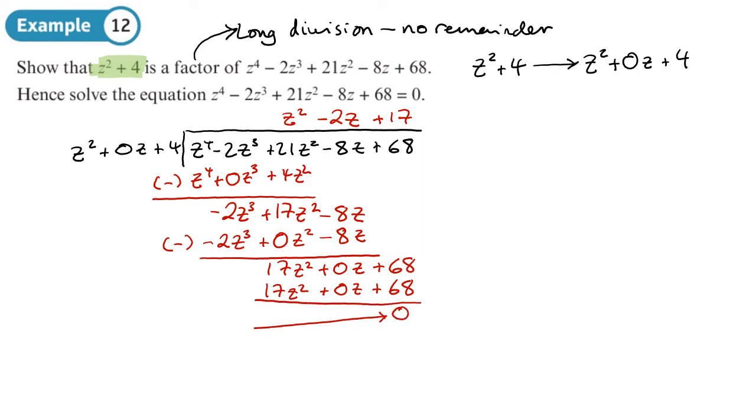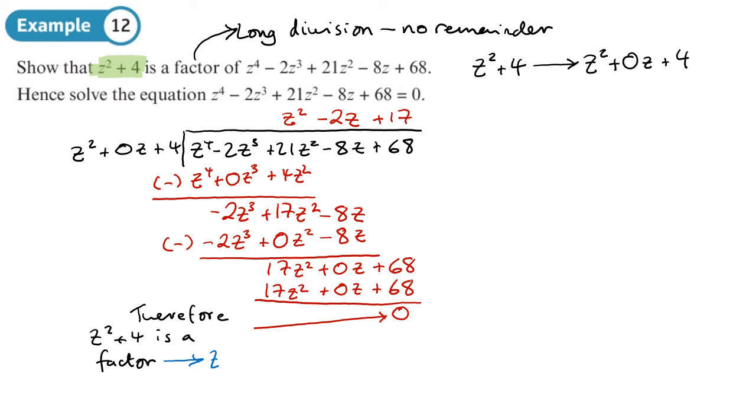So we can say something like, therefore, z squared plus 4 is a factor. Yeah, because we have no remainder. Right, now can we get 2 of the roots from that? z squared plus 4.